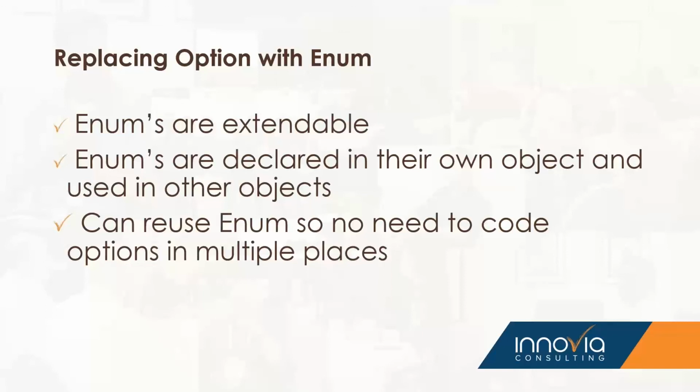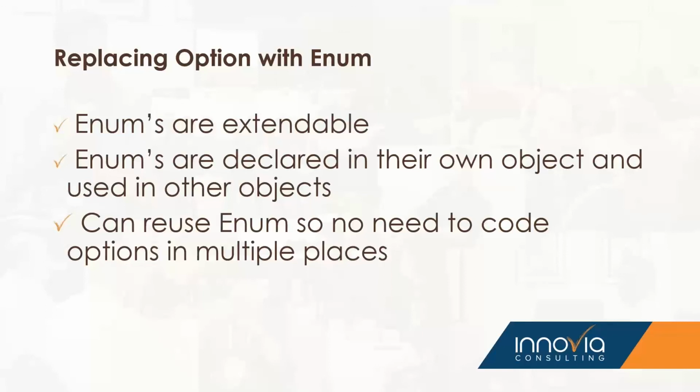The main reason is that enums are extendable, so you can add on to them through extensions, whereas with option fields you always had to create a new field in your extension and add the different options you wanted in there.